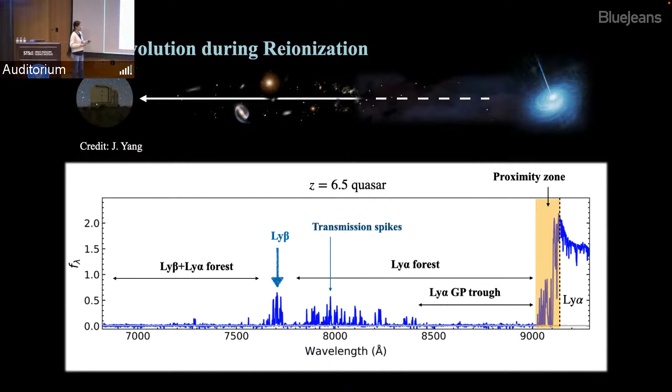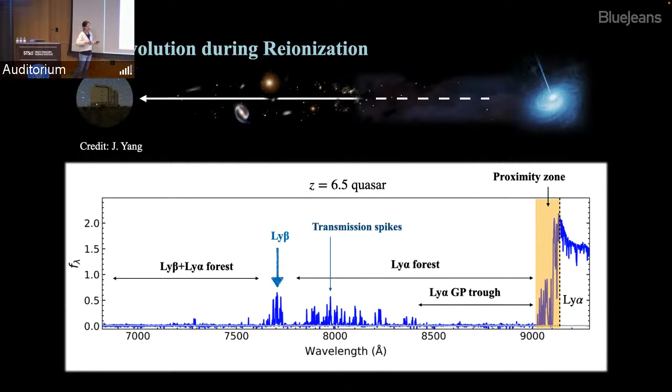We can see the quasar proximity zone, the Gunn-Peterson trough, which is a complete absorption trough, and also the Lyman-beta forest, the residuals from absorption by neutral hydrogen in the IGM. We also call these residuals transmission spikes.